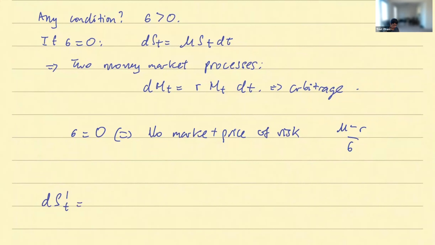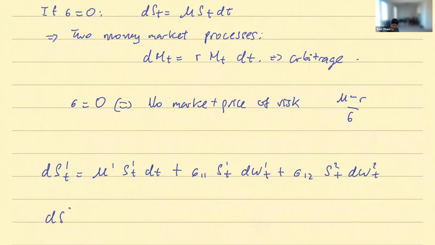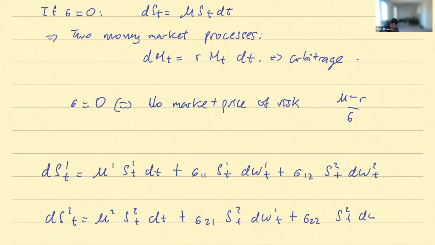This will make much more sense when you look at a multi-asset model with multiple noise sources.